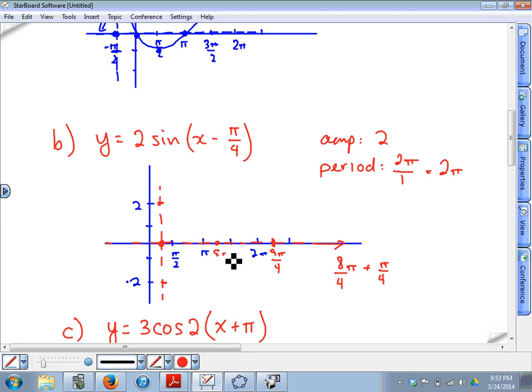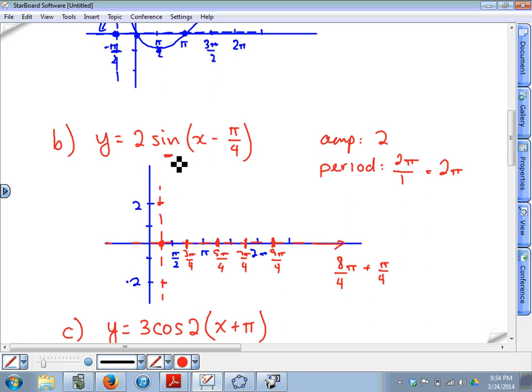So that would be 5 pi fourths. And then what I'm doing here is breaking this up into equal subintervals, like we've talked about. So halfway between here would be 3 pi fourths and 7 pi fourths. So again, all of those subintervals need to be labeled.